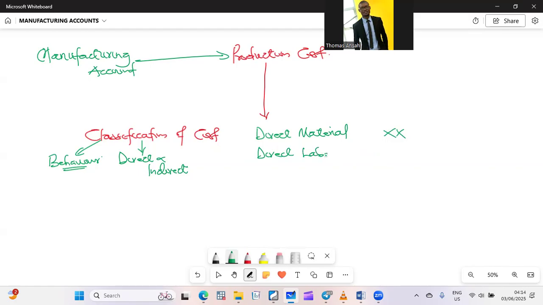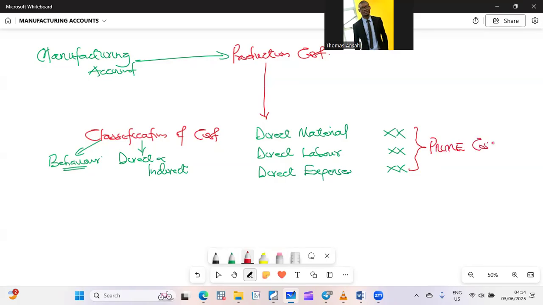So you will need the direct labor. Then you will need direct expenses. Now, these three directs are called prime cost.